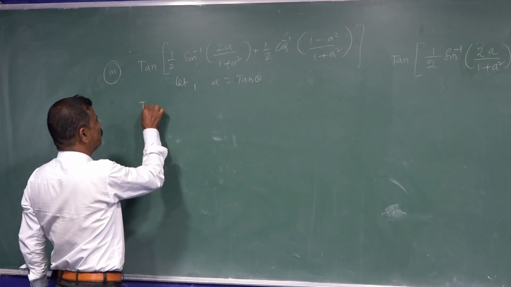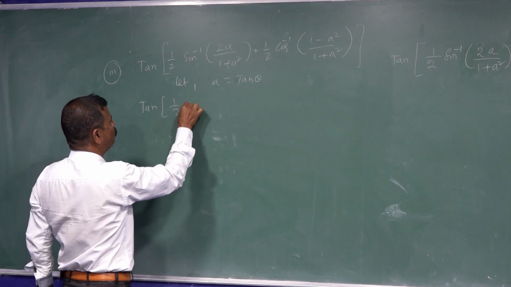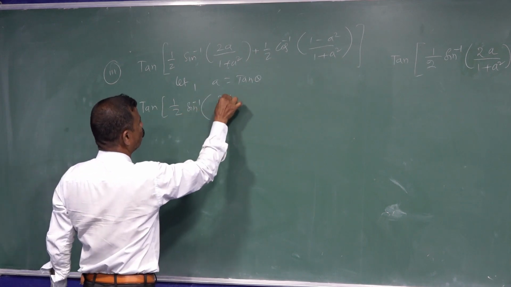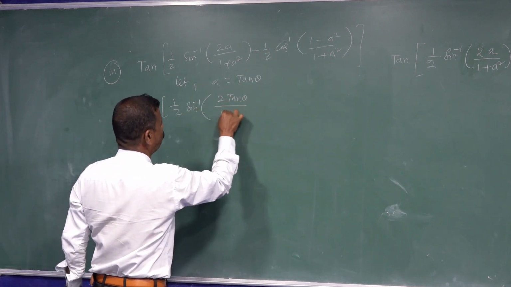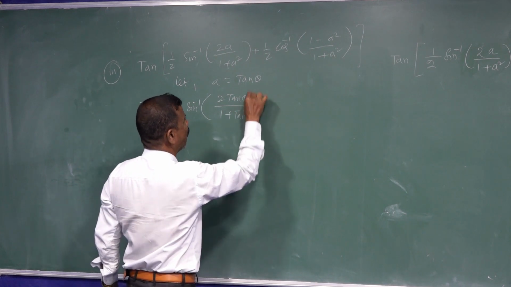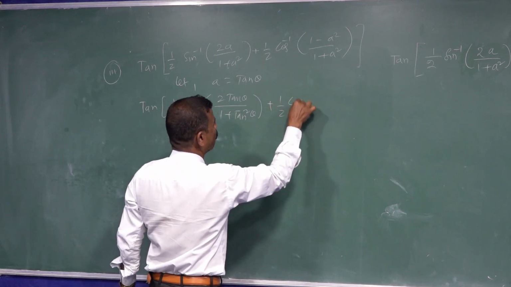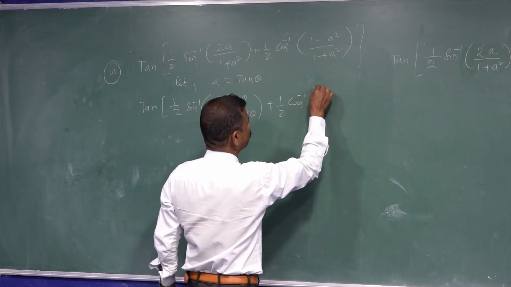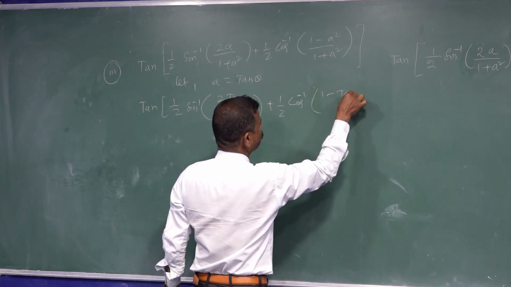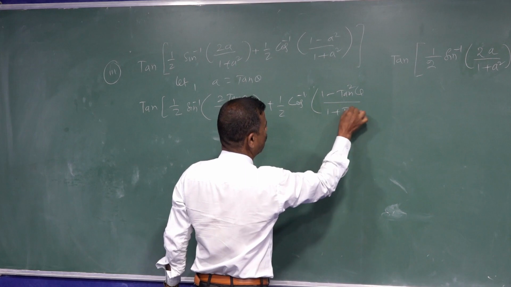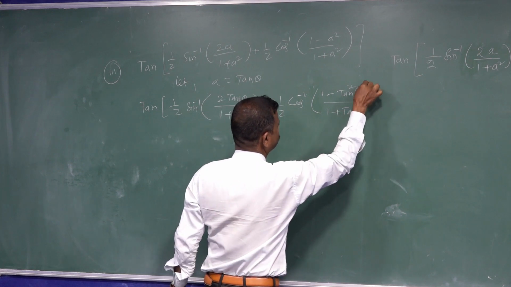Then this is tan of 1 by 2 sine inverse of 2 tan theta by 1 plus tan square theta plus 1 by 2 cos inverse of 1 minus tan square theta by 1 plus tan square theta.